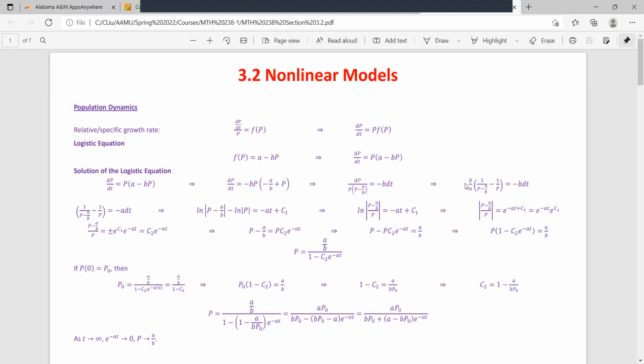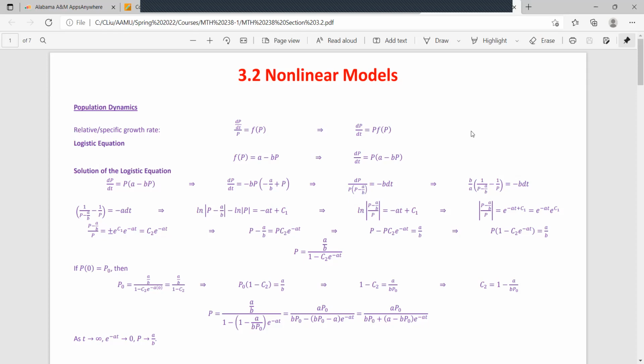Yeah, that's why we need partial fraction decomposition. So you have 1 over p times (p minus a over b). You can decompose it into two fractions, using the two factors in the denominator.